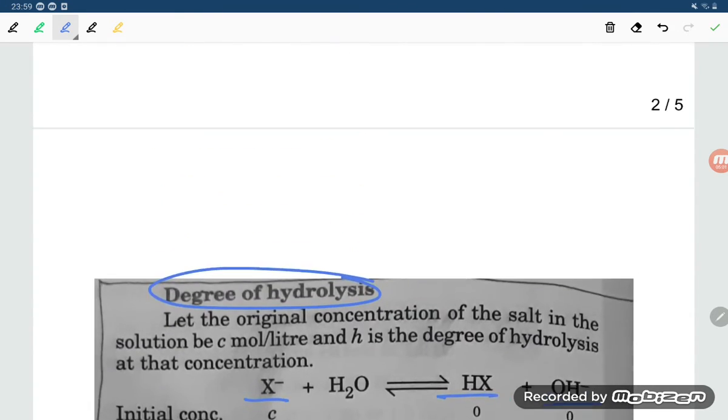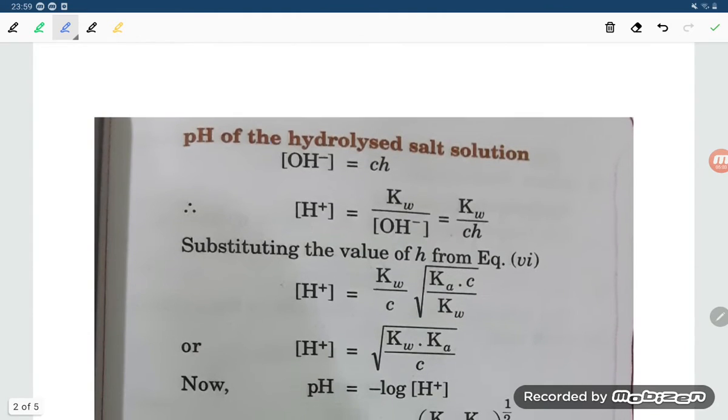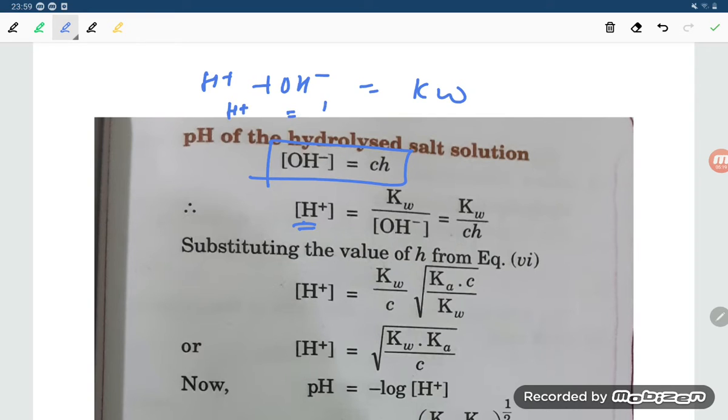Now the OH- concentration is Ch, so what will be the H+ concentration? Because we know [H+][OH-] = Kw, we can write [H+] = Kw/[OH-], and [OH-] is equal to Ch. So [H+] = Kw/Ch.